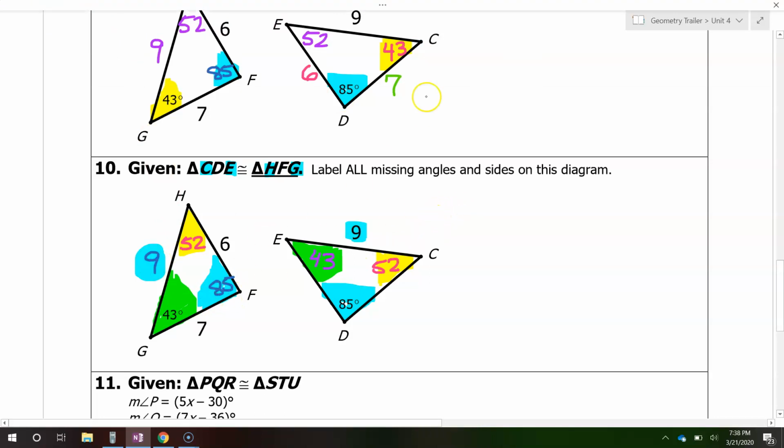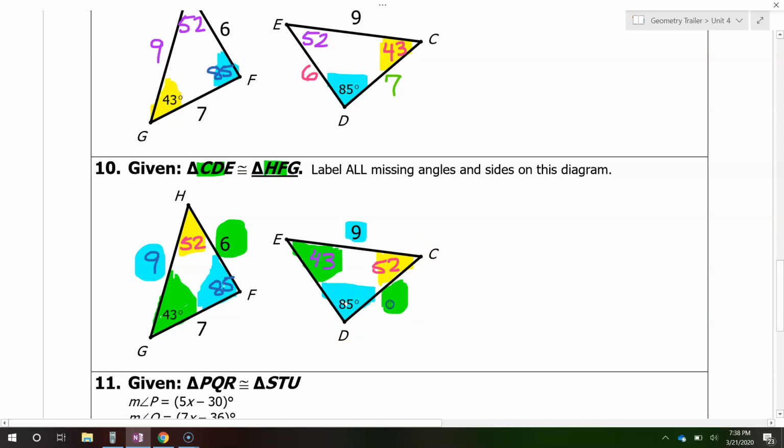Okay, what's next? The 6. Let's do the 6. The 6 is side HF. HF matches CD.